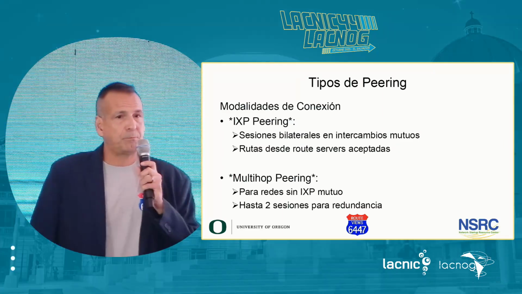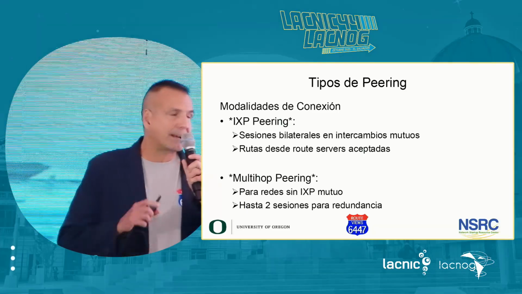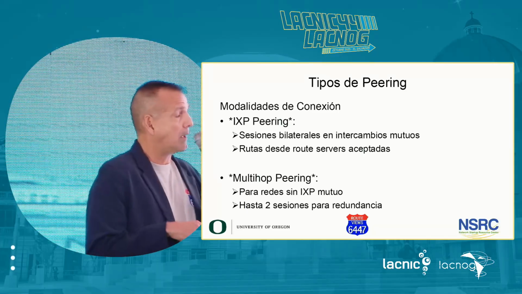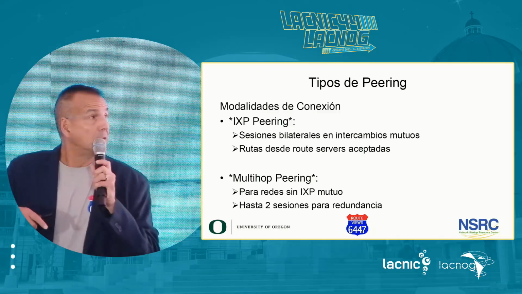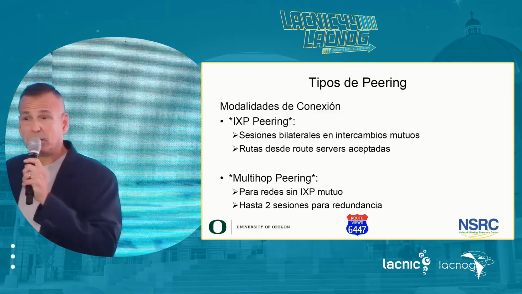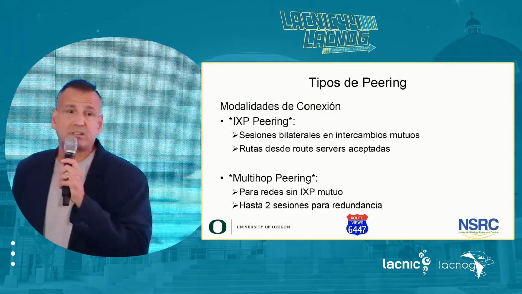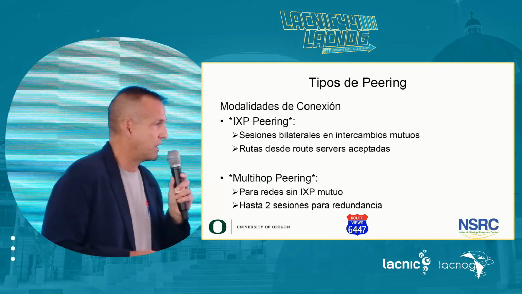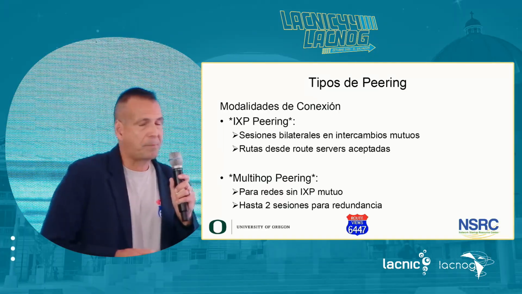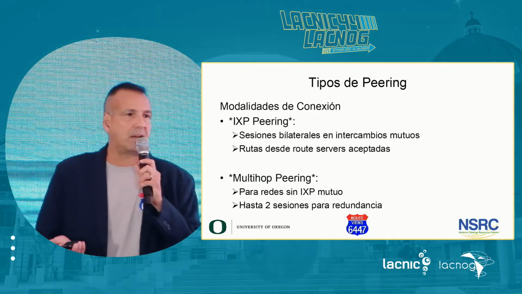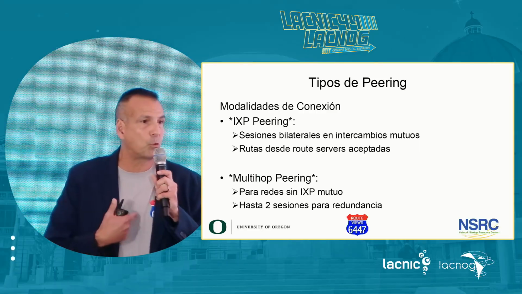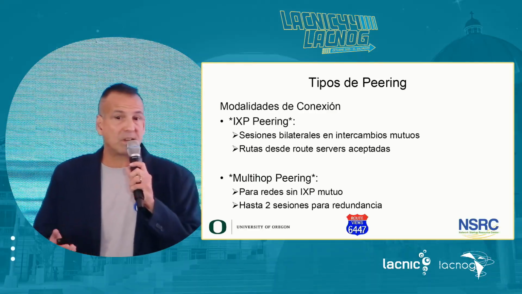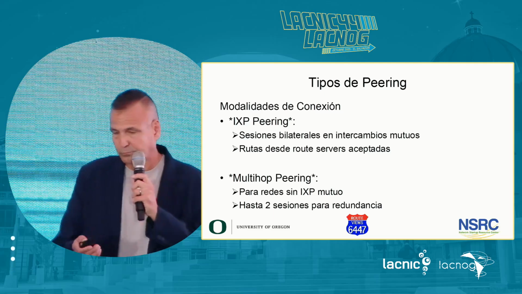There are two modalities for connection that are very simple. The collector could peer with our network directly, direct peering, or multi-hop. That is not a problem. That could be negotiated. This is just for networks that do not have a shared IXP with the system.